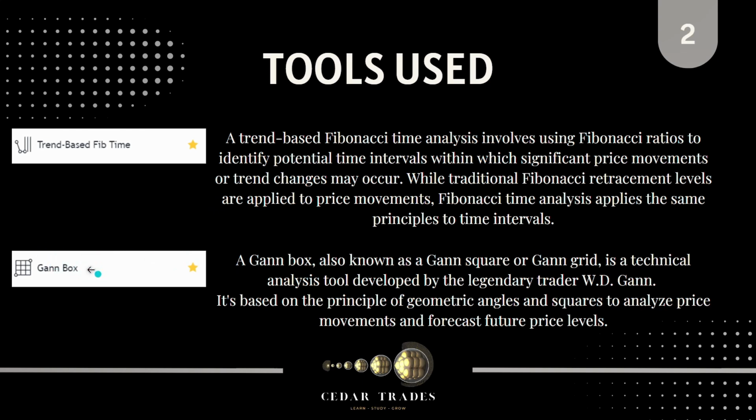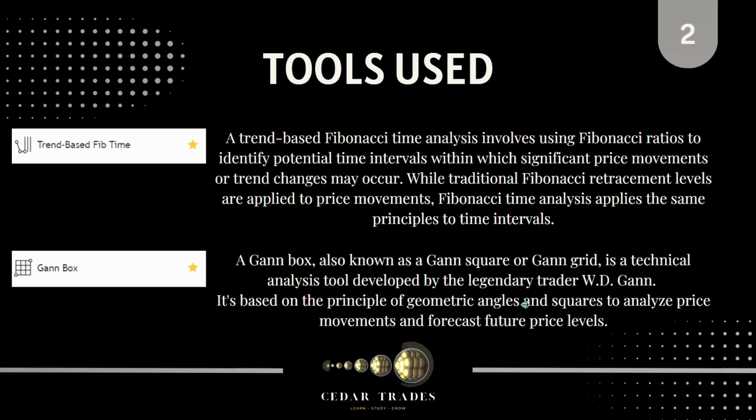So this is called the Gann box. Gann box, also known as a square or the Gann square or Gann grid. It is a technical analysis tool developed by the legendary trader W.D. Gann. It's based on the principles of geometric angles and squares to analyze price movements and forecast future price levels.